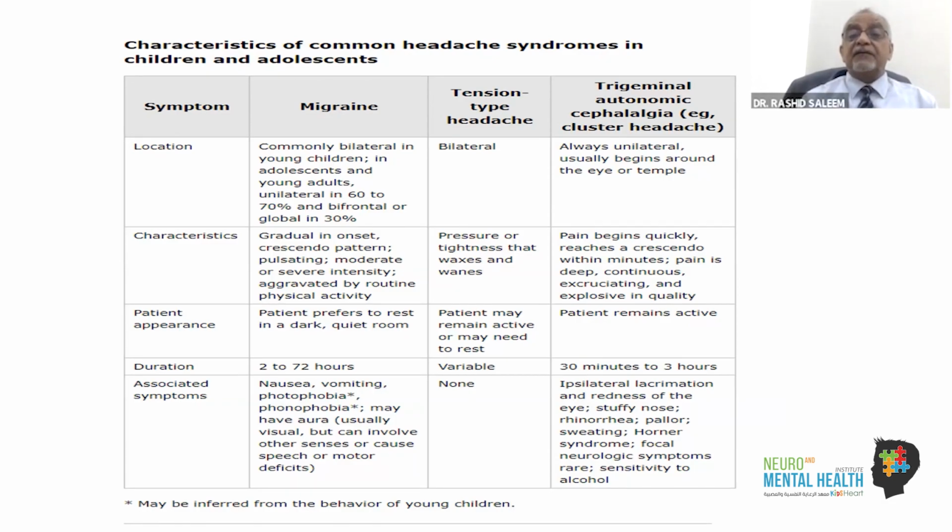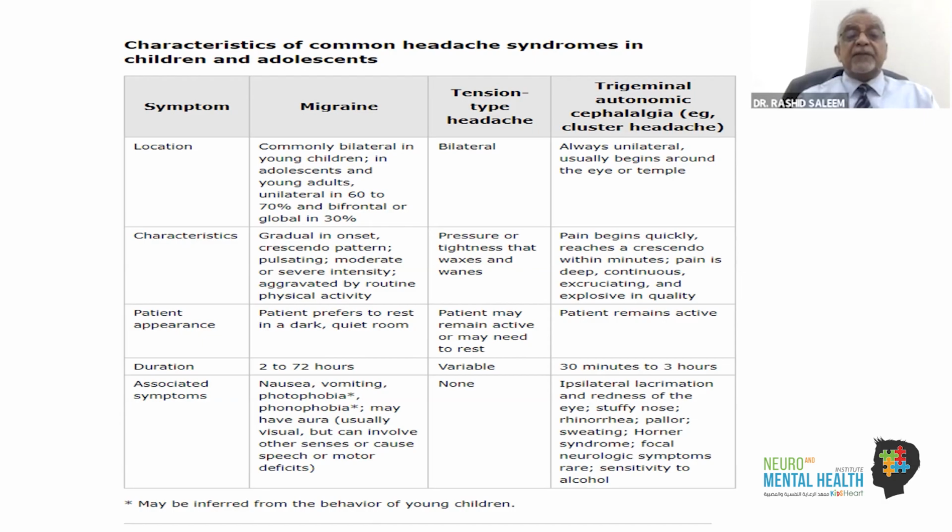And cluster headaches are again crescendo headaches, but they develop from milder to severe intensity very quickly, as opposed to migraine headaches, which are gradual in onset. These are quick and faster. And the location of cluster headaches is retroorbital or periorbital, or they can be temporal, but always unilateral.